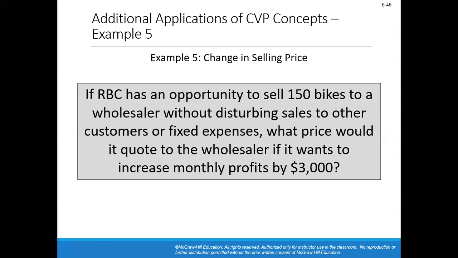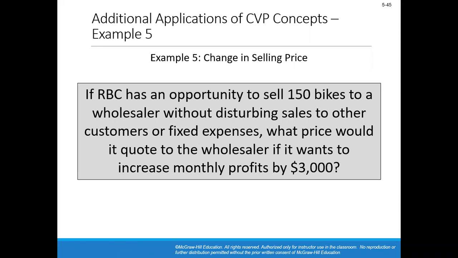So I do not want to change other things. I do not want to take sales from other customers to this wholesaler. Again, if we sell to this wholesaler, our fixed expense will not be disturbed.